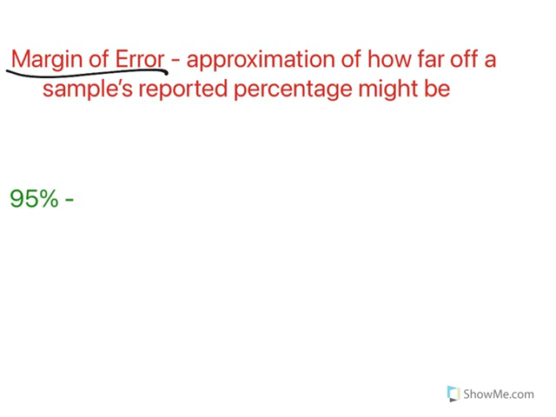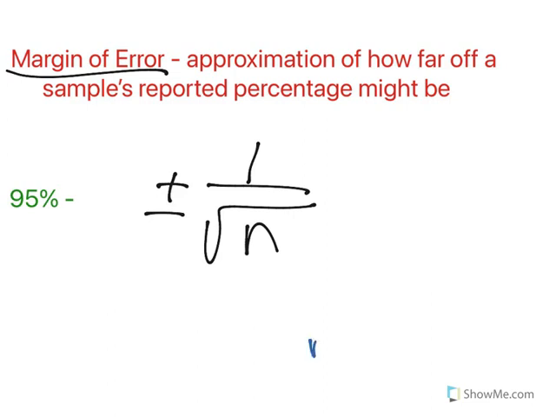Now, in order to approximate the 95%, the margin of error is going to be plus or minus 1 over the square root of n, where n is the sample size. Because the number of people that you're surveying matters. That makes a difference with your margin of error.